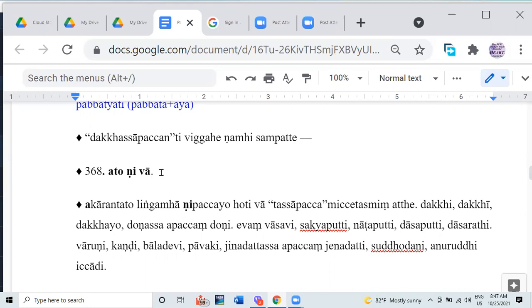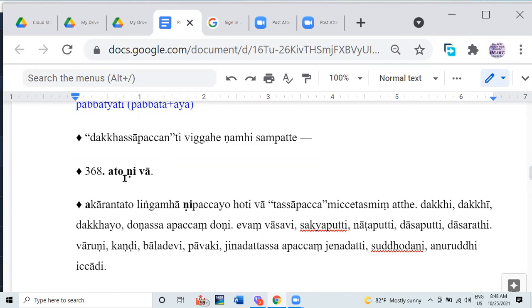Okay, let's move on. So Dakhi. According to the Padarūpasiddhi way, I think I should repeat for you to be clear, the two different ways of Padarūpasiddhi and Moggallana. So according to Padarūpasiddhi, Dakha, Apaja.